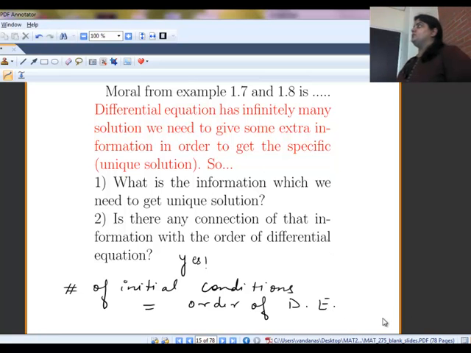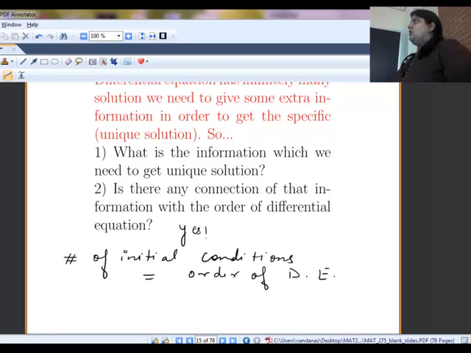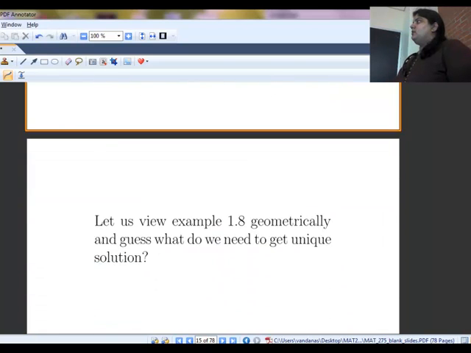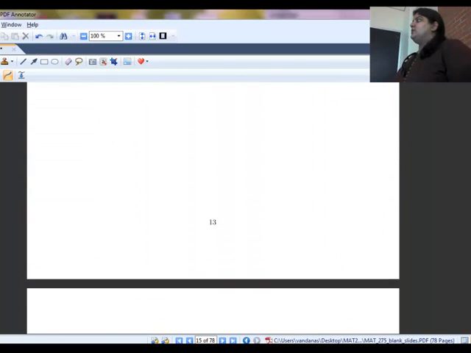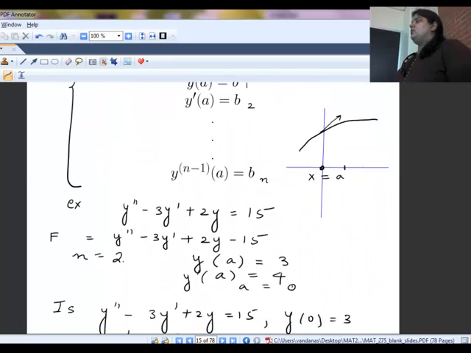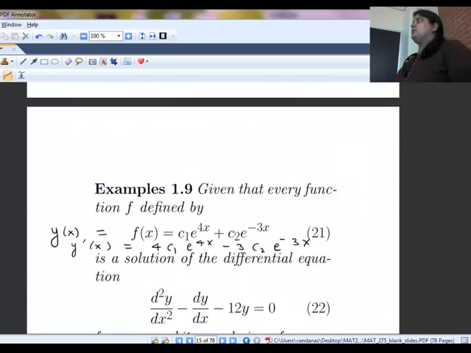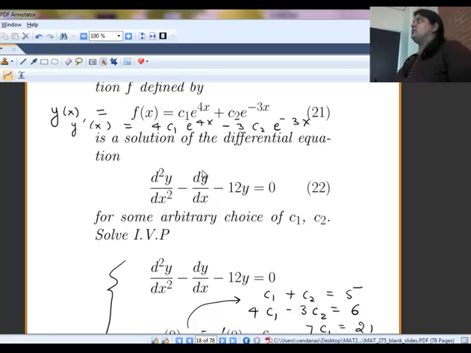So that's what you need. Now if you have a third order differential equation, you need y at 0, y prime at 0, y double prime at 0, and it need not be just 0. It can be at any point, but the point has to be the same.